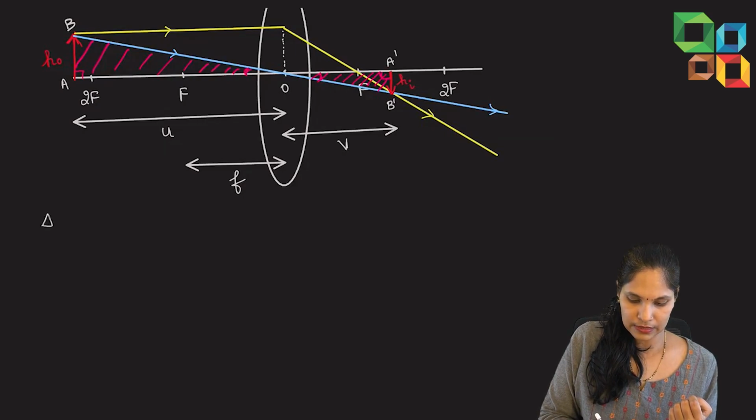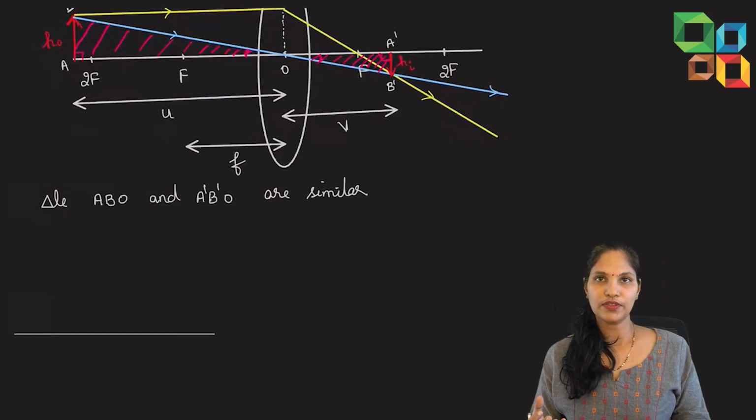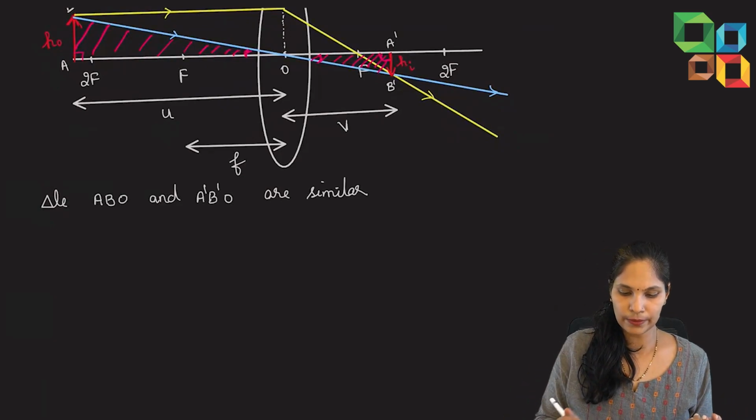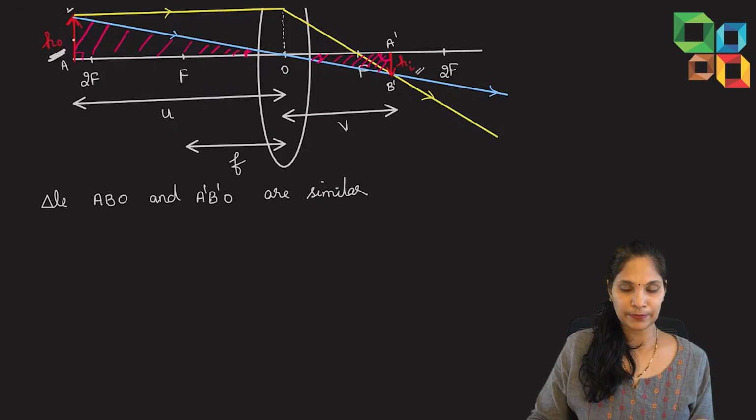So triangles ABO and A dash B dash O are similar. What if they are similar? You can take the side ratio. Side ratios are equal. From this triangle we have HO, from this triangle HI.